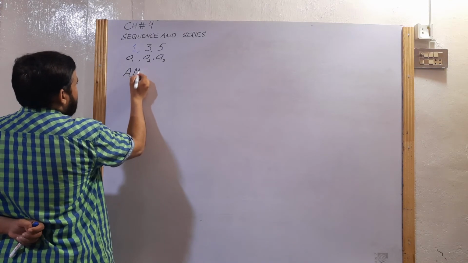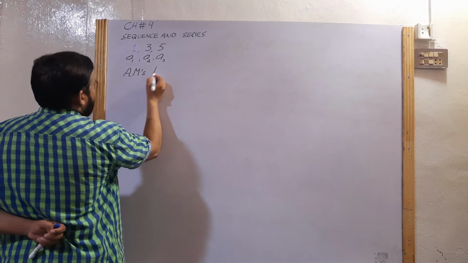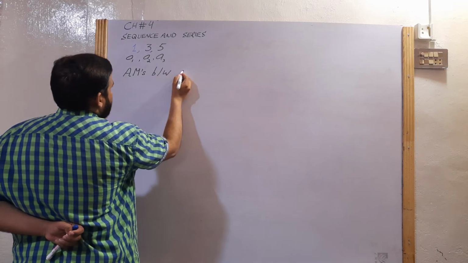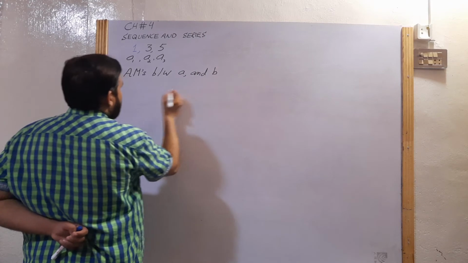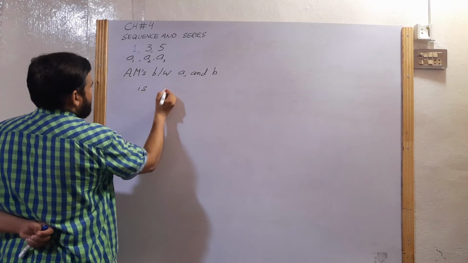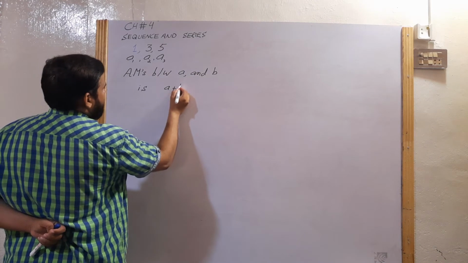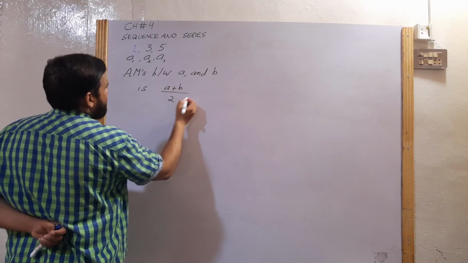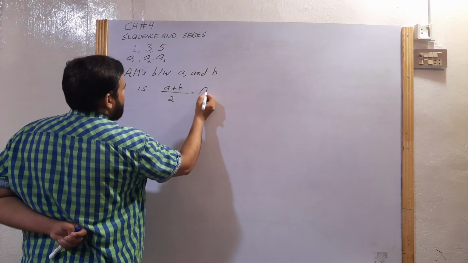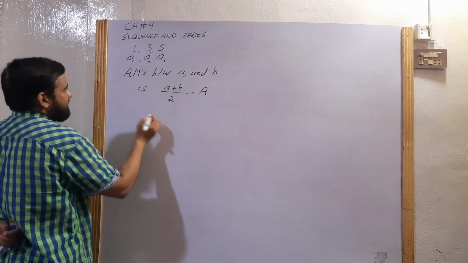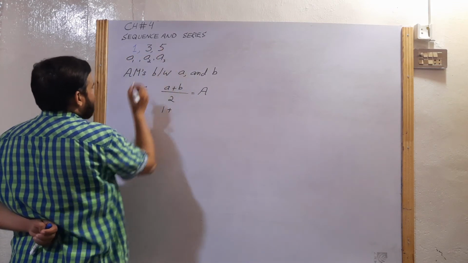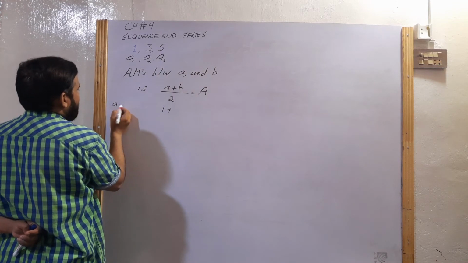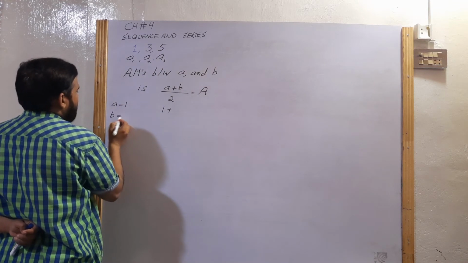The arithmetic mean between two numbers A and B is A plus B divided by 2. Simply it is denoted by A. So, in this case A is 1 and B is 5, because we find the arithmetic mean between 1 and 5.